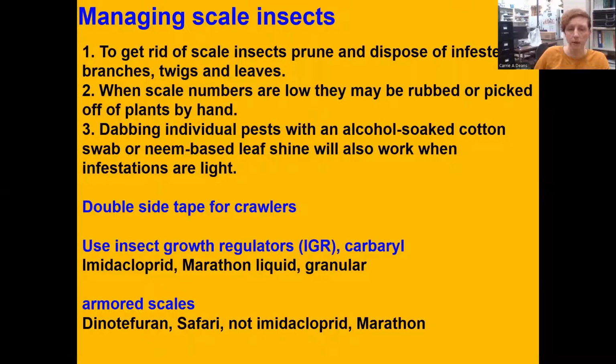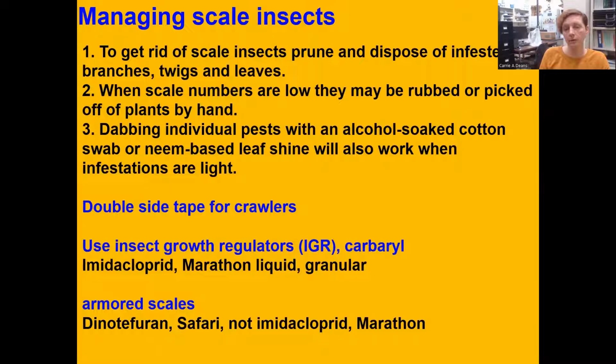So you can prune branches, twigs, leaves, and that can be effective if that's possible. If scale numbers are low enough, you can, like I mentioned, physically pick them off. However, we talked about how soft scales are attached to the actual waxy coating, while armored scales aren't. So how effective this is depends on what type of scale you have.